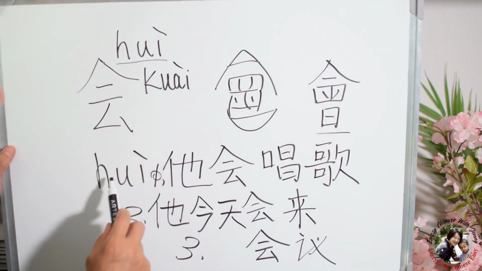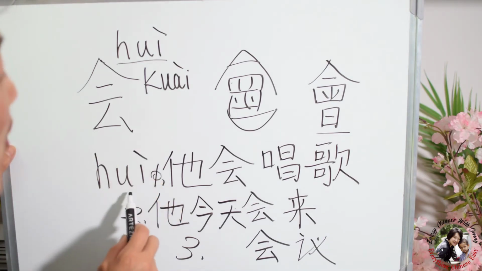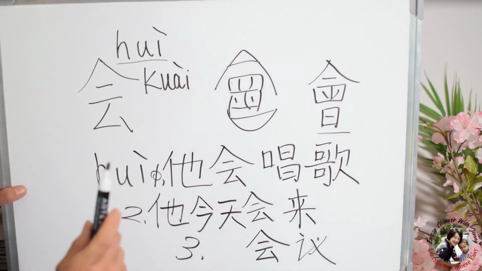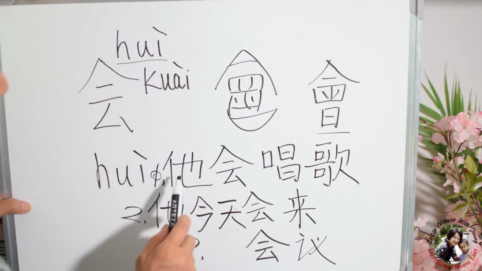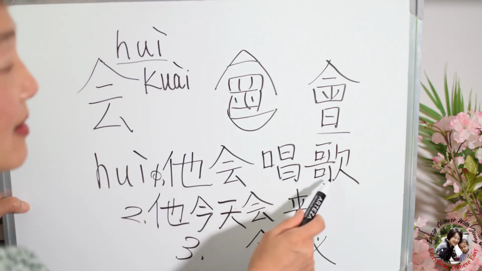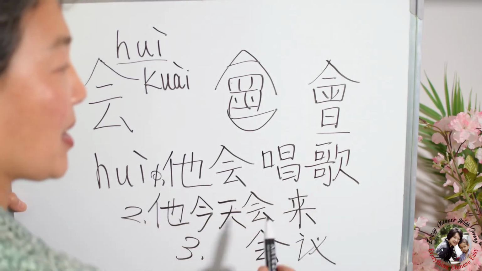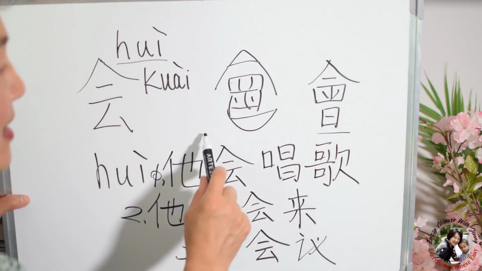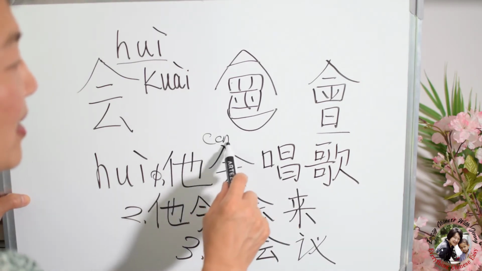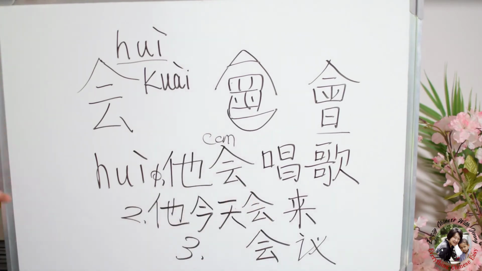And when its pronunciation is 会, it actually has three meanings. First one, if we say 他会唱歌, remember 唱歌 means sing. He can sing. This means he can do something. We can say 他会跳舞, he can dance.